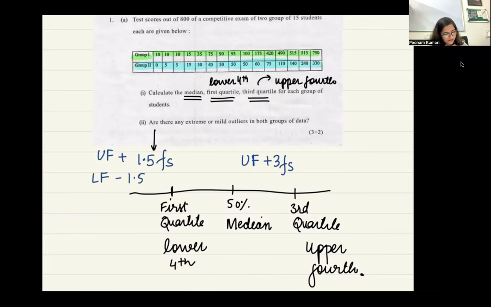Minus 1.5 Fs. Lower fourth minus 3 times Fs. And then I will see if there are points which are lying on that or not. Is that okay? For both the groups individually. So what I will do is, I will do the question for one group, and then for the second group, you have to follow the same process. Is that okay?